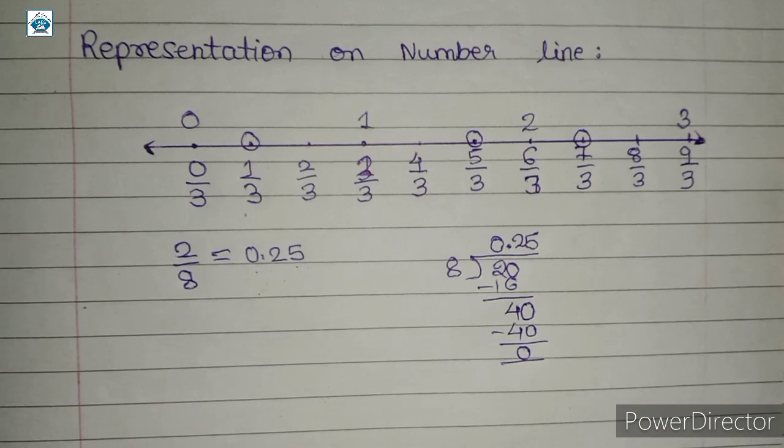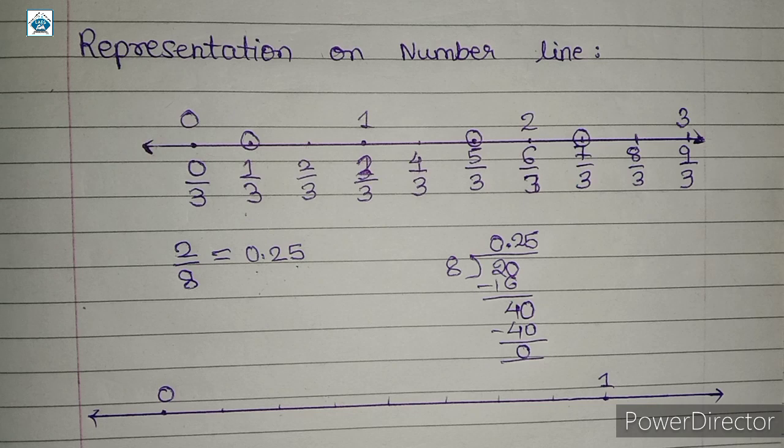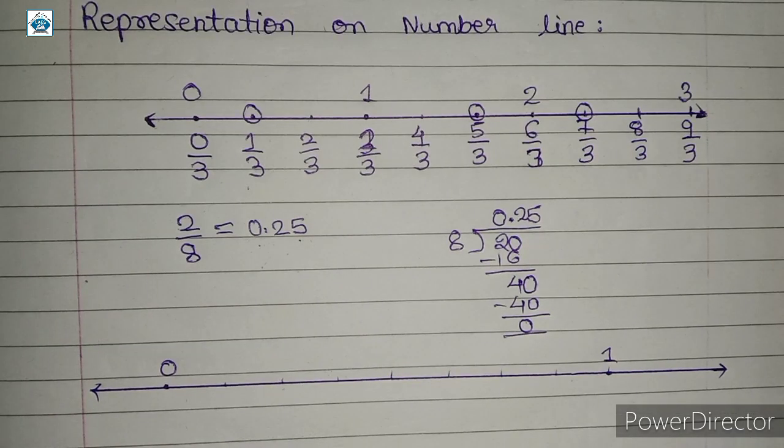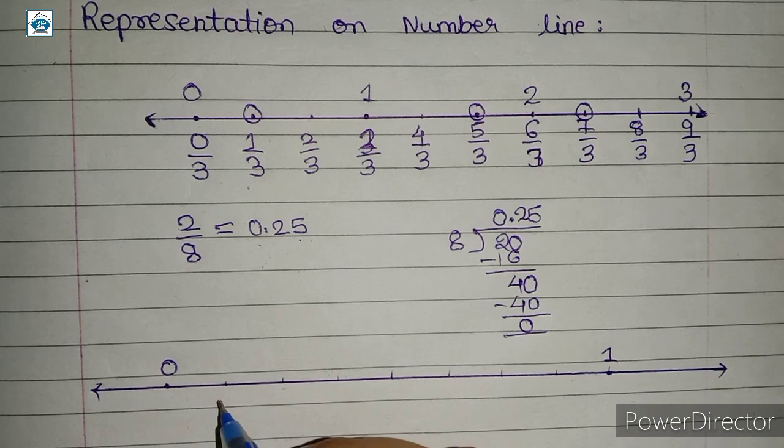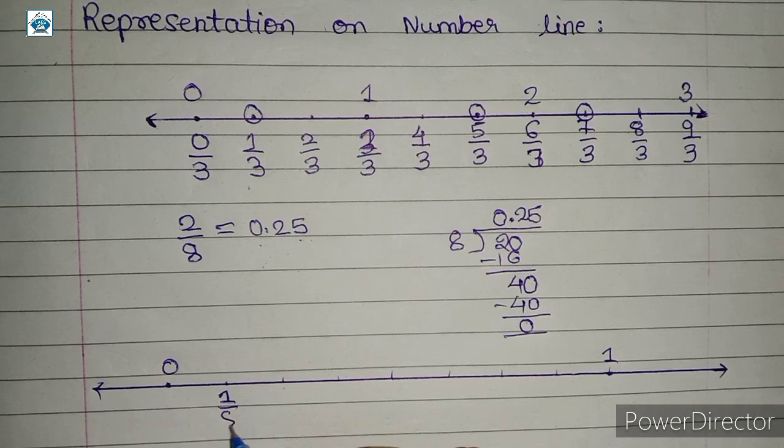That means we have to make 8 equal divisions between 0 and 1 on the number line, like so. Here, as you can see, there are 8 divisions between 0 and 1. So this can be written as 0 by 8. This will be 1 by 8. This is 2 by 8.